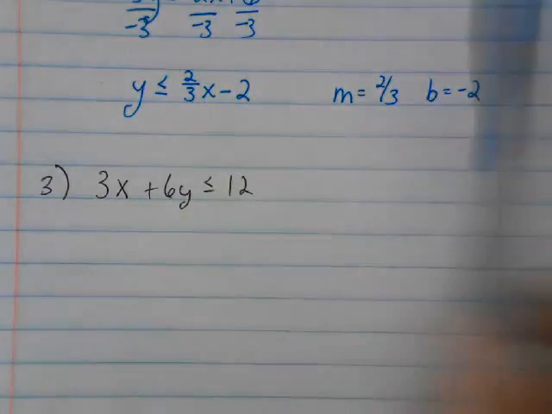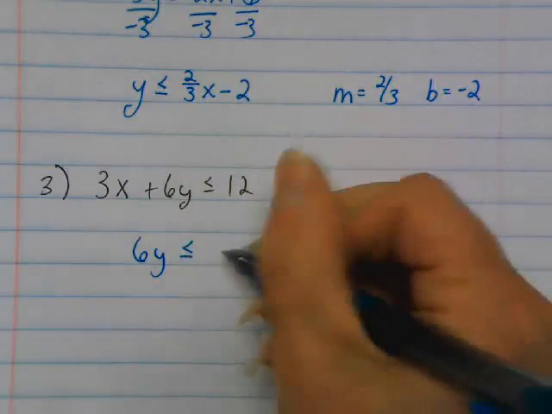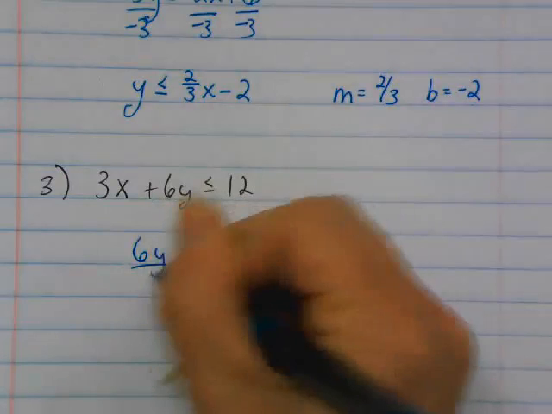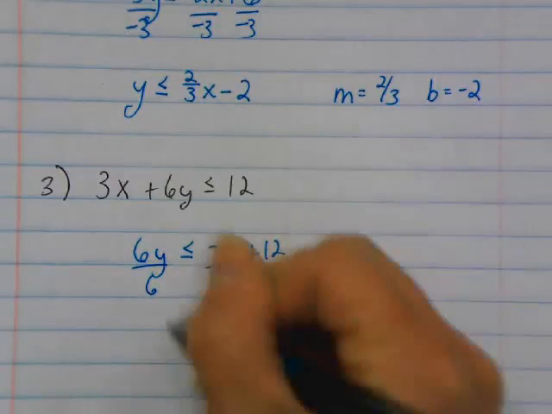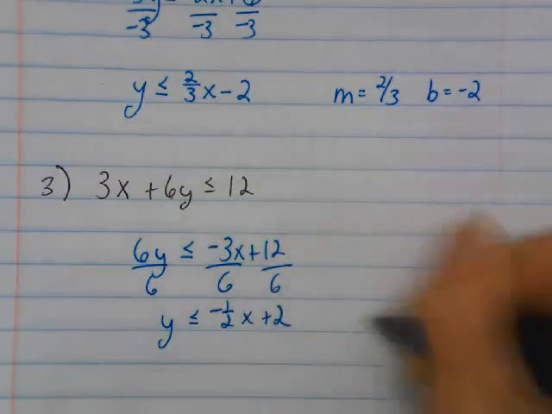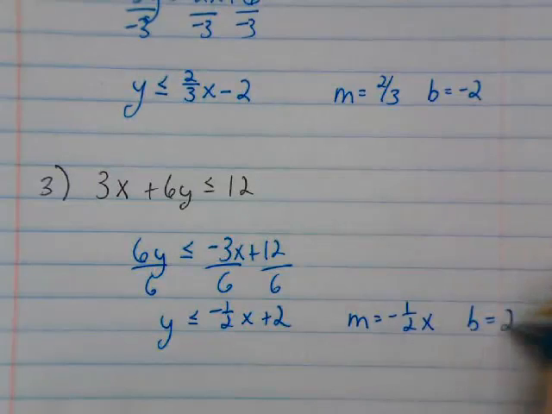Again, I'm going to solve it for y. So I get 6y is less than or equal to negative 3x plus 12. Now I divide everybody by 6, so I get y is less than or equal to negative 1/2 x plus 2. So my slope is negative 1/2 and my y-intercept is 2.